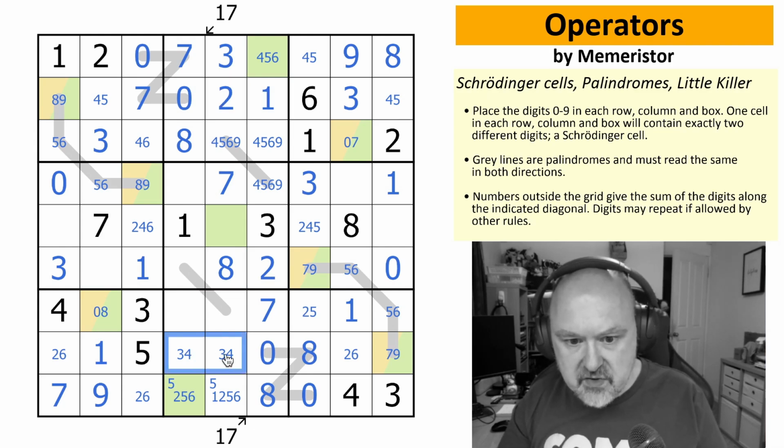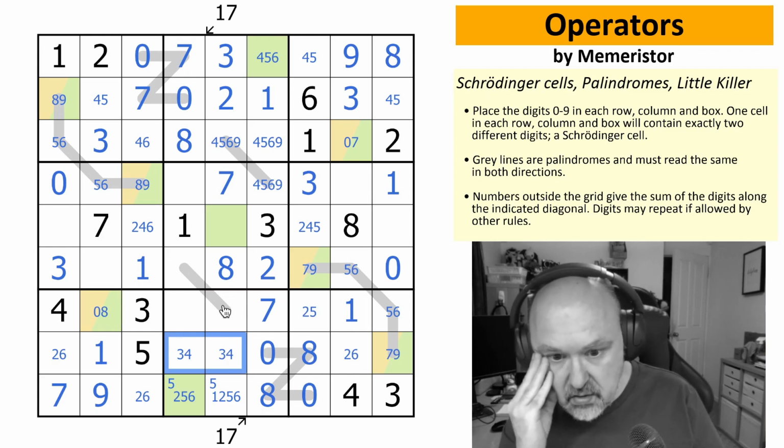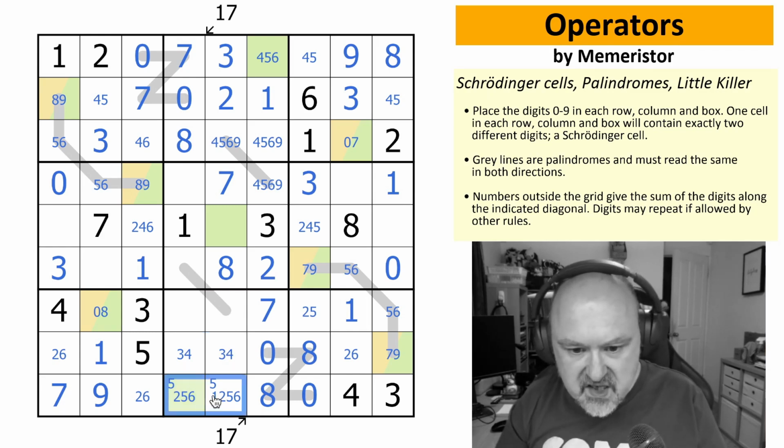That means I've got to be able to do the same down here, doesn't it? I don't remember how I got that. It was looking at this quintuple, wasn't it? So 0, 1, 2, 3, 4, 5, 6, 9.